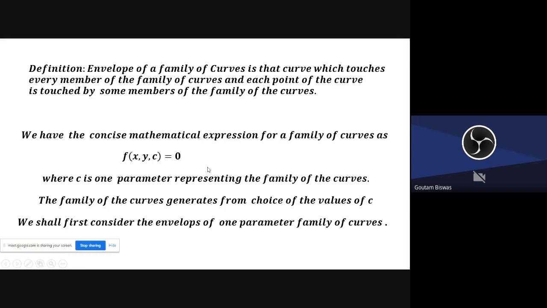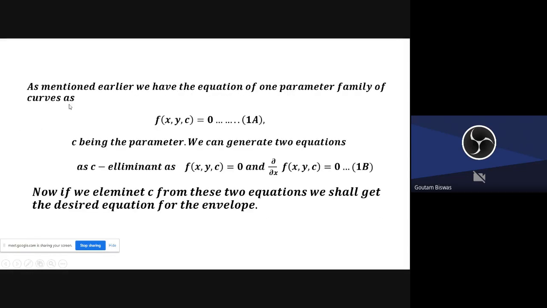If you choose another value, you will get another member. Now we shall consider the one parameter family of curves. When we have the equation of the one parameter family like this, suppose this is 1a, c being the parameter, we can generate one more equation.